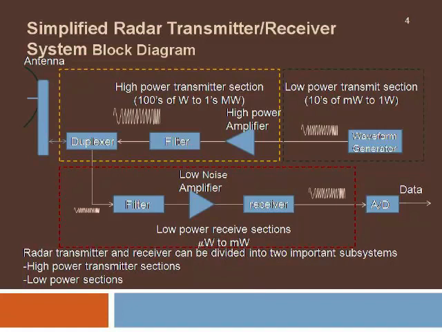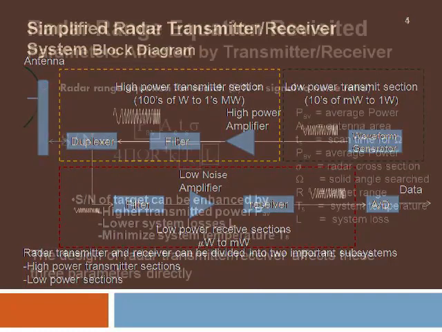Similarly, in the receiver, we are going to have a low noise amplifier at the starting point, and then the processing unit of the receiver will be there, which will be working at very low power. After doing all this, we are going to get the signal output that can be given to a radar display.